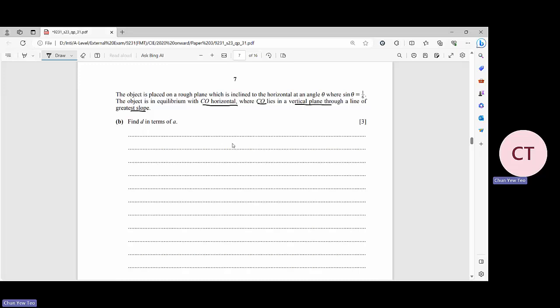Okay, so when you have an inclined plane like this, where sine theta is equal to 1/6, then your object will either be put like this, if you want CO to remain horizontal. Okay, this is the C, this is the O. Or there's another possibility, which is this. This is the C, this is the O, okay?